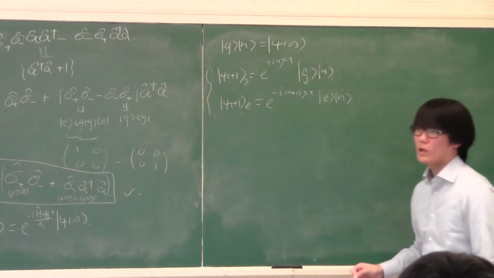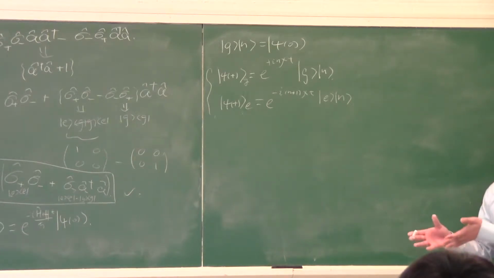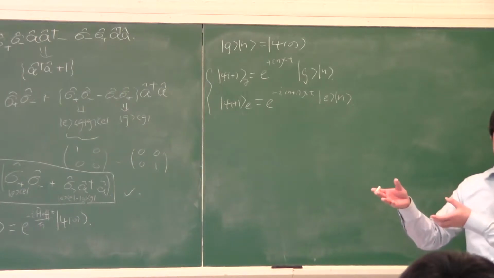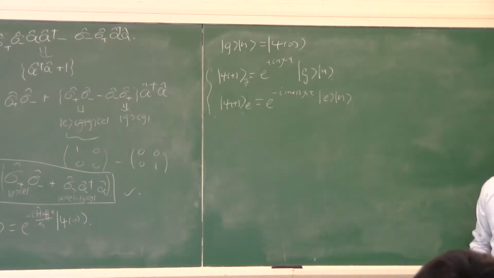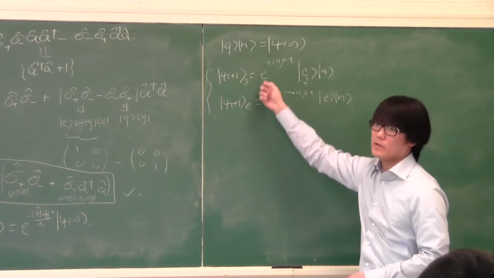Okay. So by themselves, these are not very interesting. If the atom was initially in the ground or excited state, which means that the atom is already in one of its eigenstates, then we see that it stays in these eigenstates, but just acquires these phase factors.